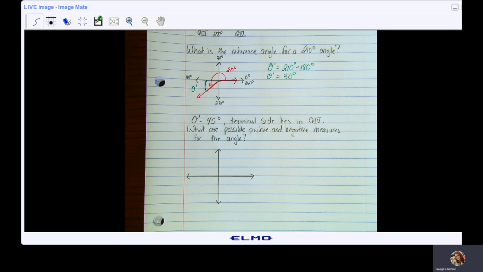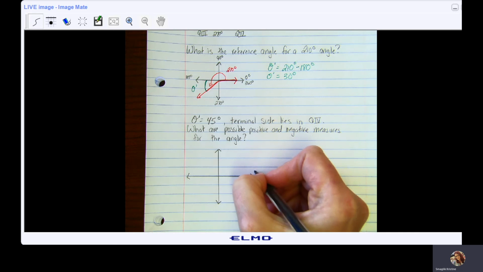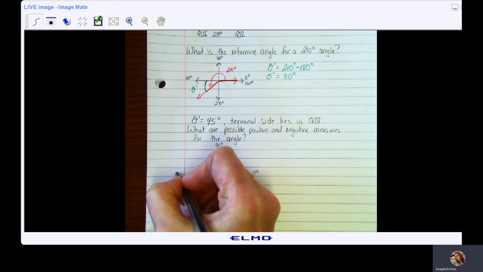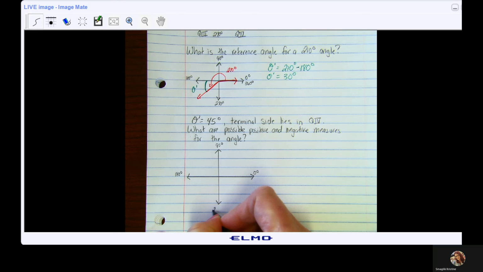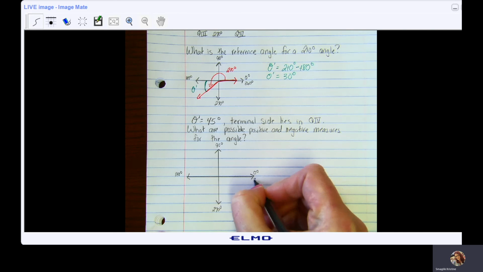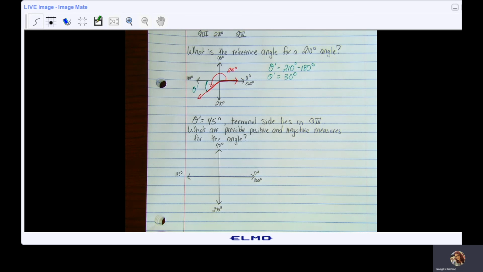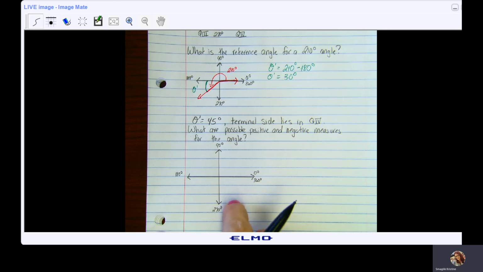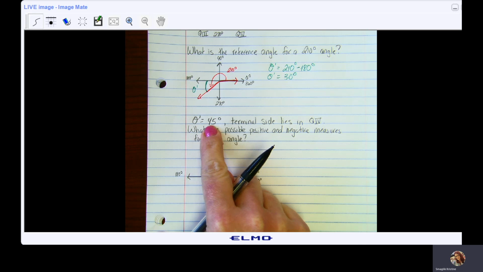Okay, so let's go ahead. We have 0 degrees, 90 degrees, 180 degrees, 270 degrees, 360 degrees. And it lies in quadrant 4. So here's quadrant 4, and the reference angle is 45 degrees.